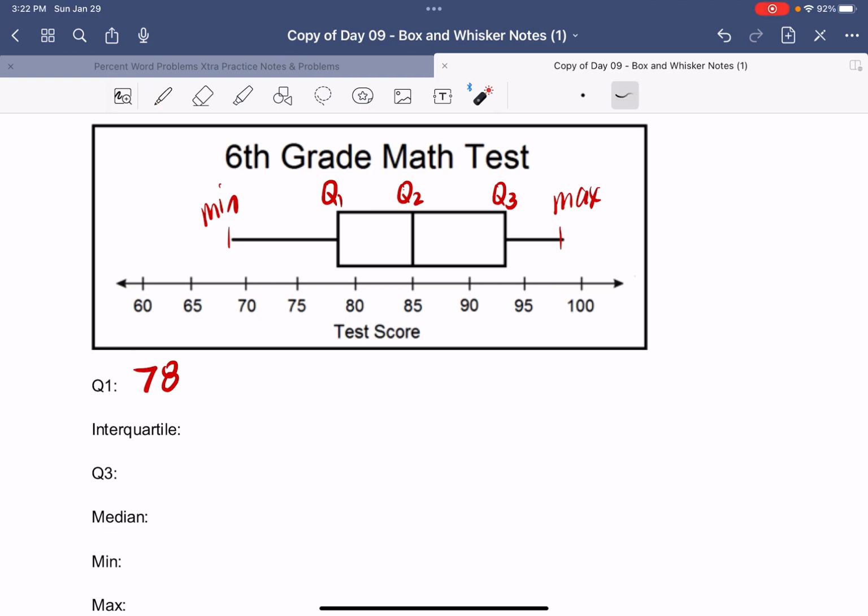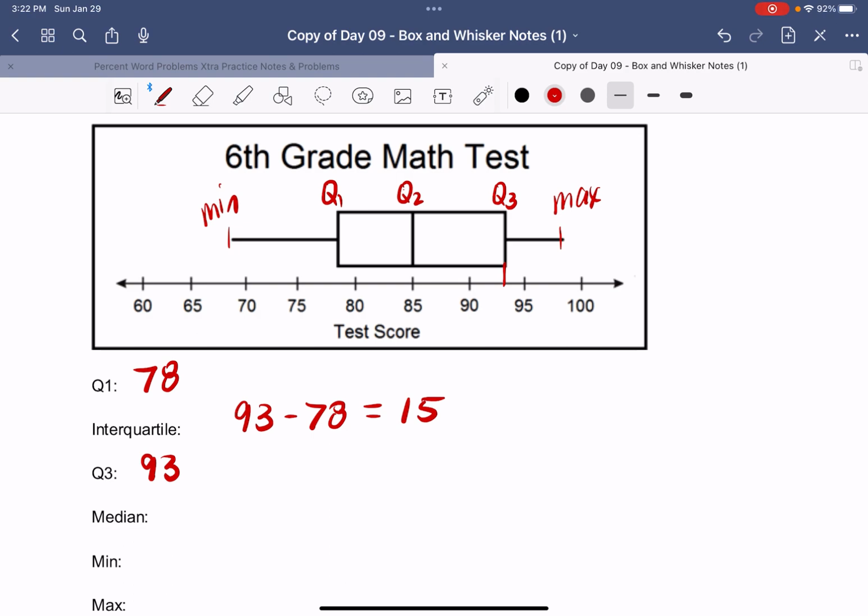Okay, it's right about here, so you can kind of make a guess. I'm going to figure out my interquartile later because I need to know what my Q3 is first. Okay, so I'm going to guess that my Q3 is probably about 93. So if you remember from the last quiz, how you solve this is you subtract the two. Okay, so 93 minus 78 will give us 15.